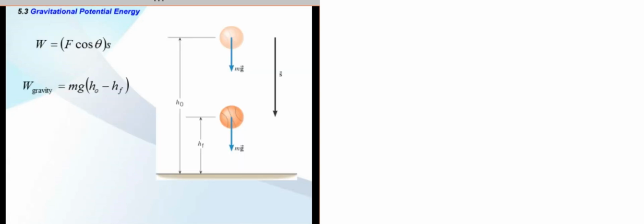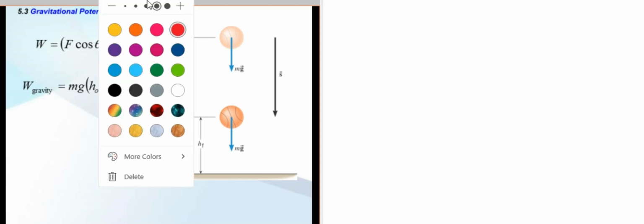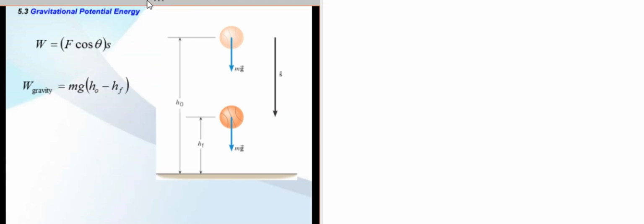Now let us consider this illustration. For example, a ball falling from this position, the initial position, h sub o. At this point the ball is falling downward.